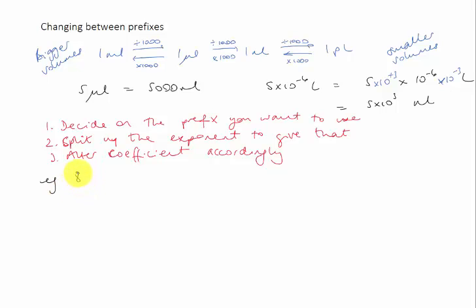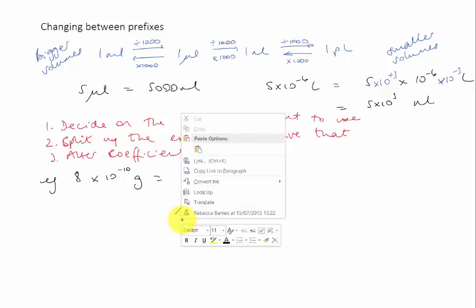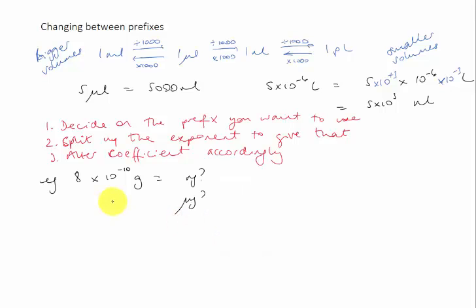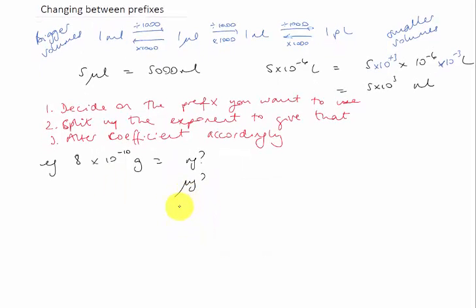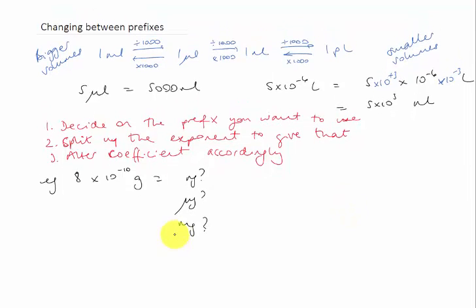So let's imagine we've got 8 times 10 to the minus 10 grams, and I want to know how much it is in nanograms, in micrograms, in milligrams, and in picograms. So let's just do the nanograms first.